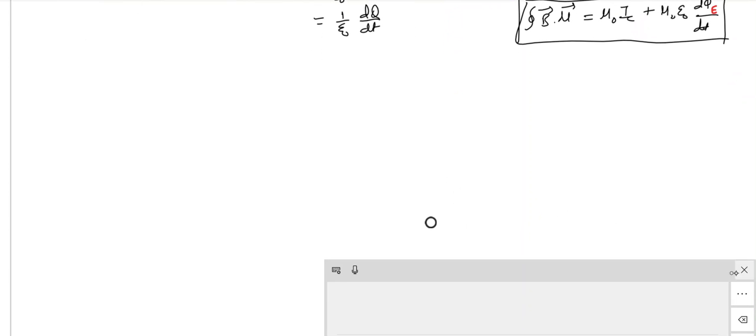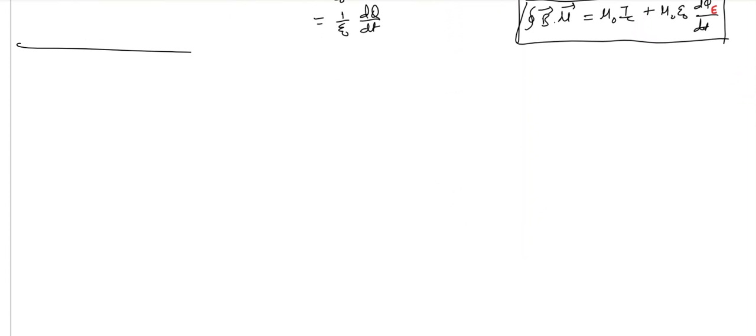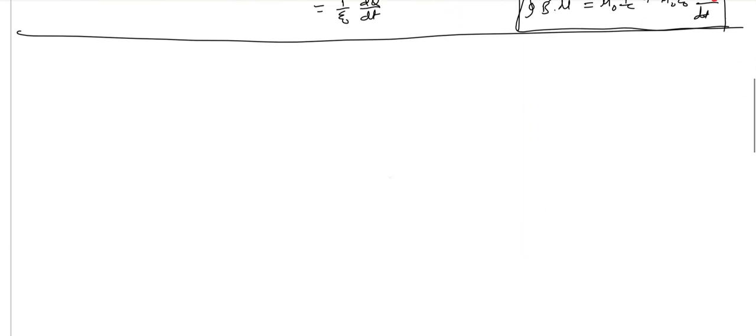What are these equations? Very important four equations of electrodynamics. We have already studied this. First one is closed integral E dot dA, that is electric flux, equals q by epsilon 0. If you are talking about electric flux enclosed by any surface, you can take it as the ratio of the charge enclosed divided by permittivity.